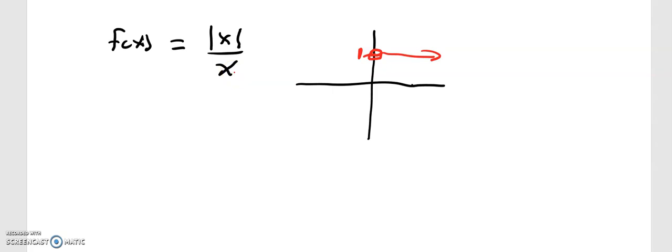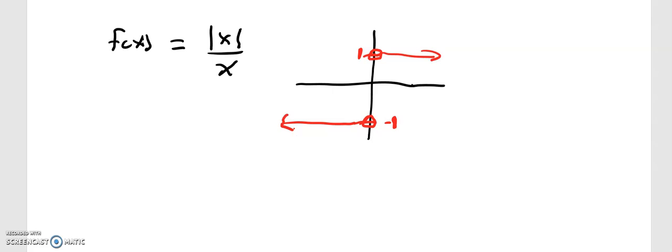So you'll always get a positive of the same value divided by a negative of the same value, resulting in negative 1. You'll have a hole here, and it'll graph something like that. It'll go to negative infinity in x, but it'll always have a horizontal line at y equals negative 1.